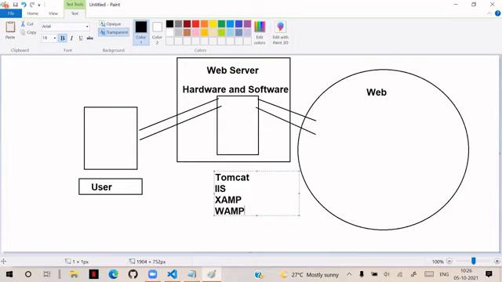How to configure these web servers and work with them practically, we have to see now. That we will see in our next session. Tomorrow we will discuss that. From tomorrow onwards, we are going to start practical. Tomorrow first I will show you practically how to install the server, how to configure the server, and how to locate it.